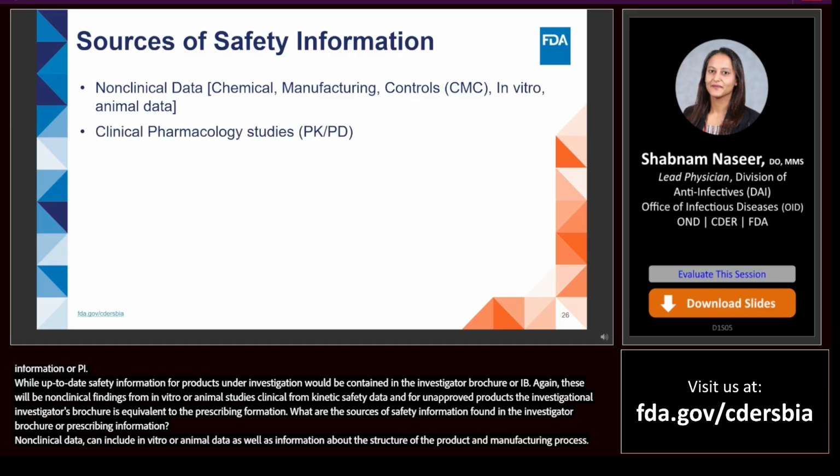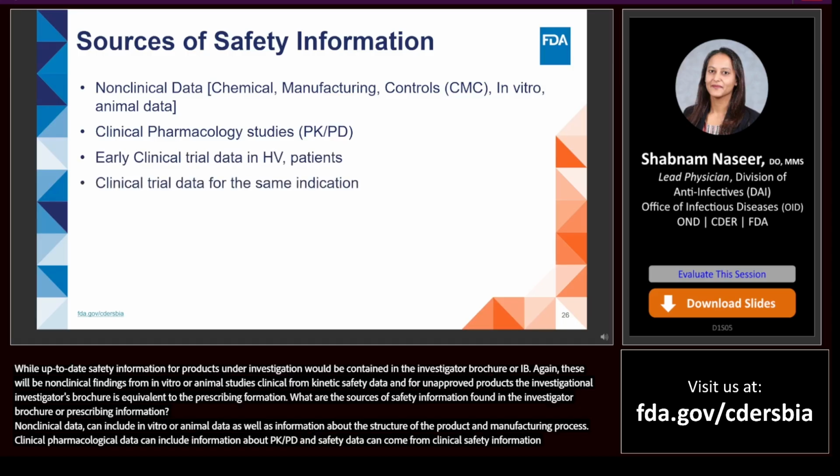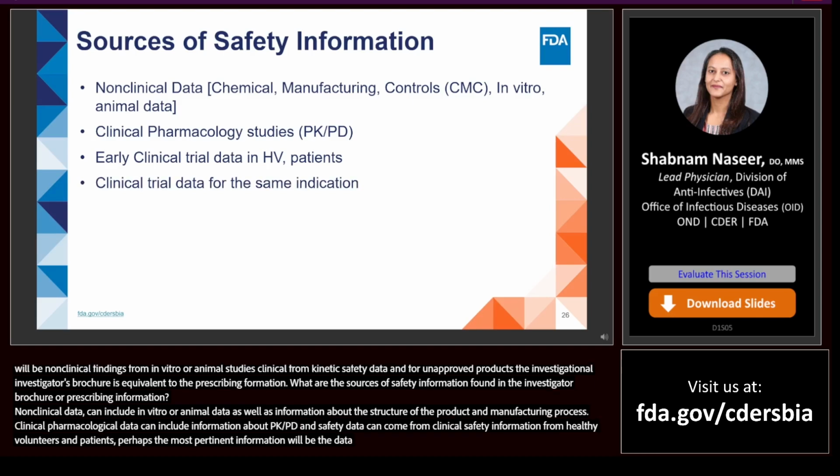Clinical pharmacological data can include information about PK/PD. And then safety data can come from clinical safety information from healthy volunteers and patients. Perhaps the most pertinent information, of course, will be the data from the clinical trials for the same indication, as these data are generally controlled for the patient population characteristics and the underlying pathological process, and also from trials for different indications.